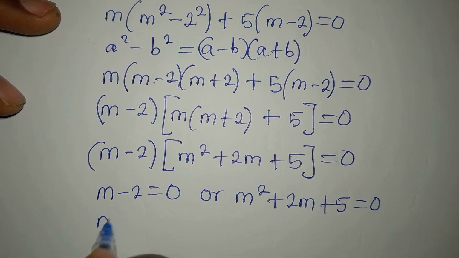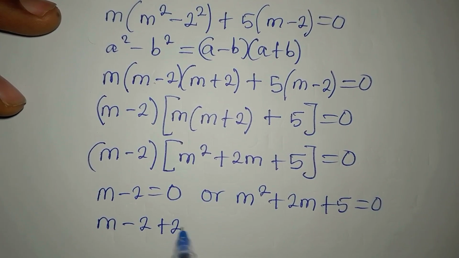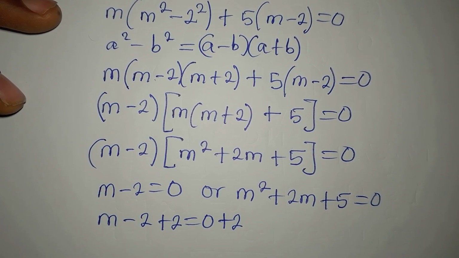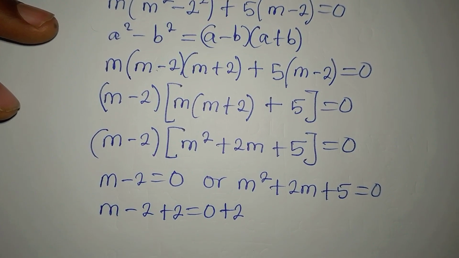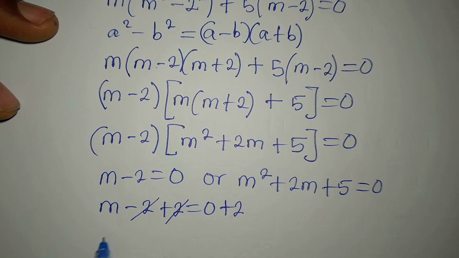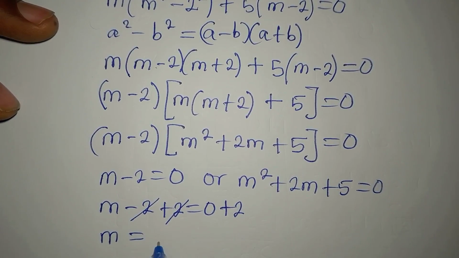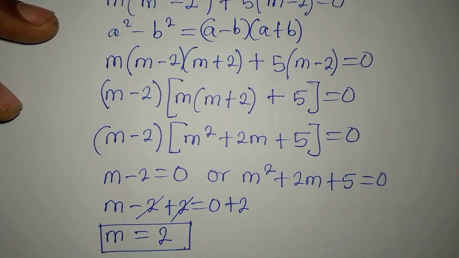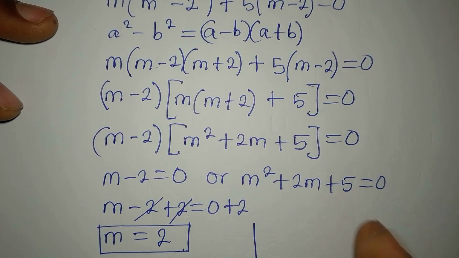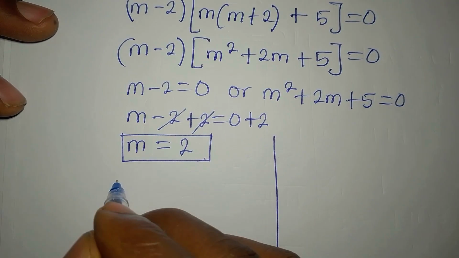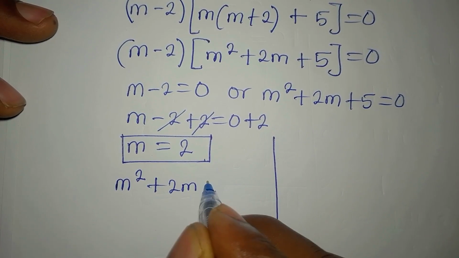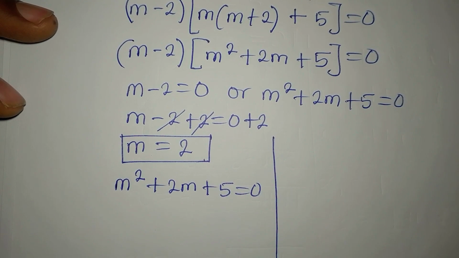From here, m minus 2 plus 2 is equal to 0 plus 2. What I'm doing is to add the additive inverse of minus 2 to both sides. So this and this will go. And then m will be 0 plus 2, which is 2. This right here is one of the solutions. Now, to get the other solutions, we are going to pick this quadratic equation and solve it. The equation remains m squared plus 2m plus 5 equals 0.